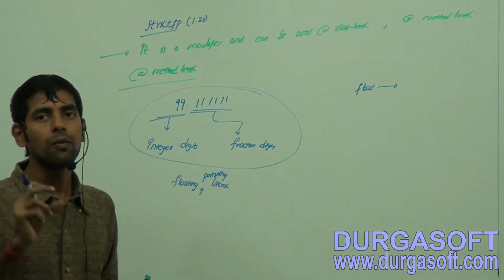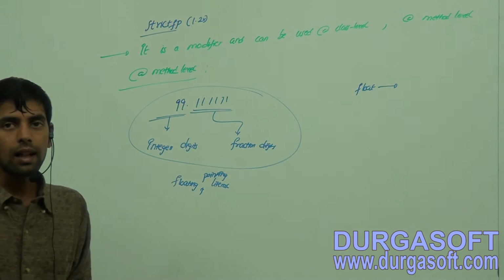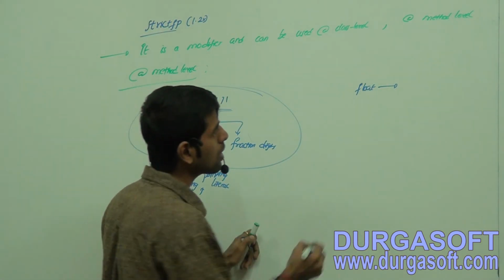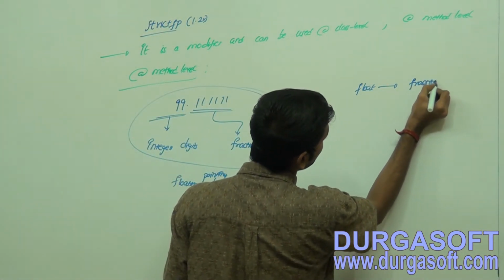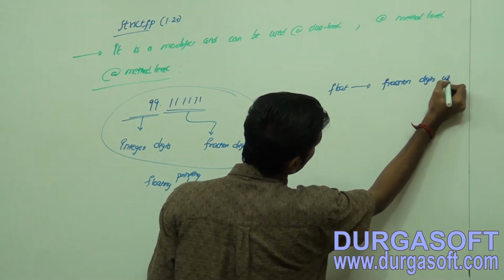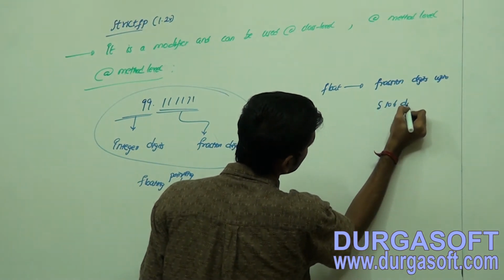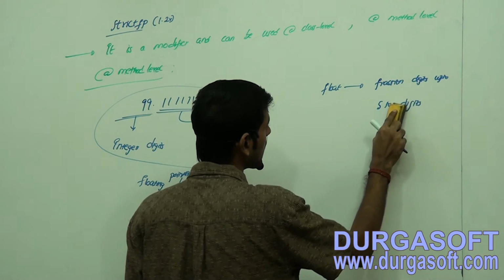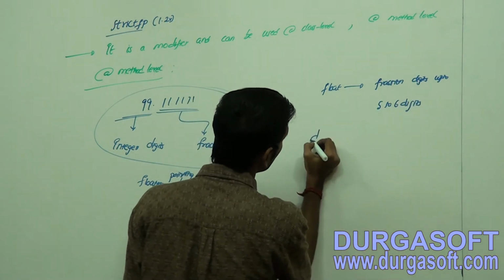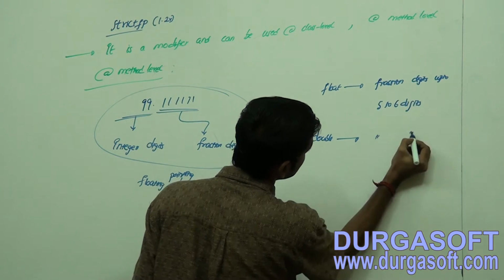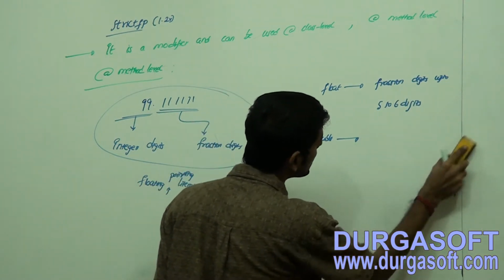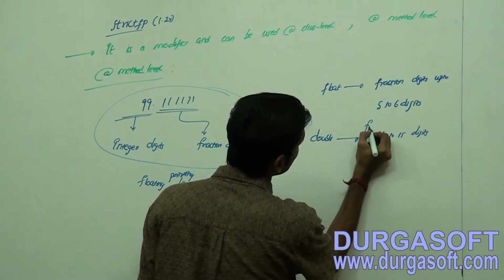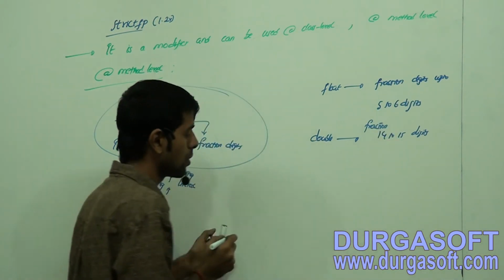If you want fraction digits up to 5 or 6 digits, then you can go for the float data type. If it is double, same thing, fraction digits up to 14 to 15 digits, friends.